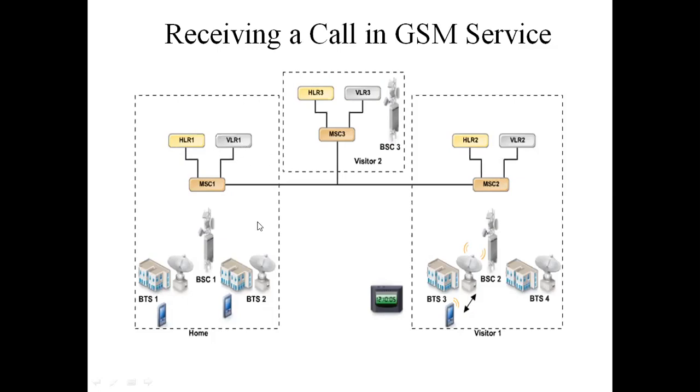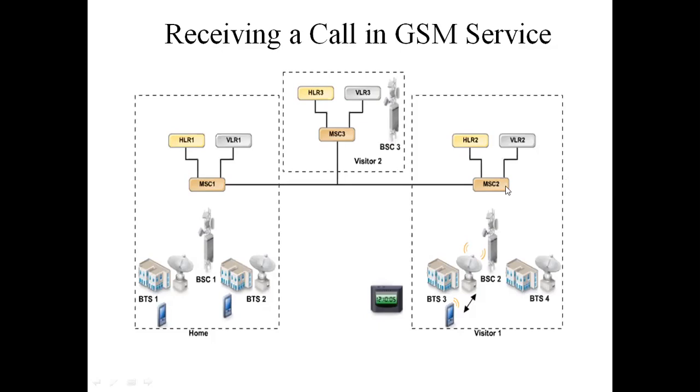Now, based on this record, the mobile switching center notes the location of the visitor location register and indicates to the corresponding base station controller about the incoming call. Now the BSC, or base station controller, routes the call to the particular base transceiver station, which uses the paging channel to alert the phone.